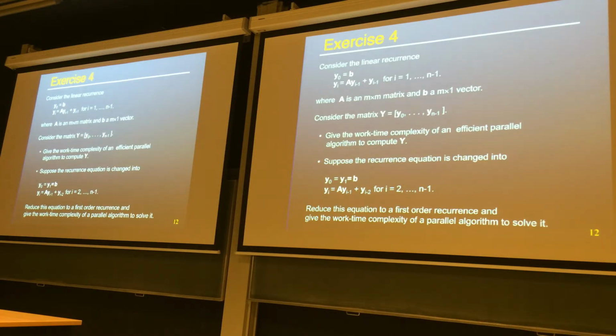What's the standard form of such a linear recurrence? That's y_i is some matrix times y_{i-1} plus some vector b if necessary. How could you bring this second equation into that standard form?